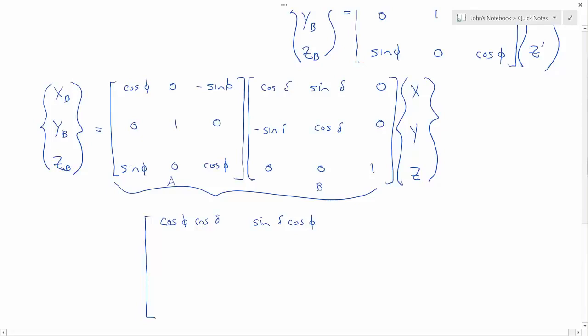Then we take the third column of B with the first row of A. We get that. And then we go back, we're going to take now the first column of B with the second row of A. Second column of B, second row of A.